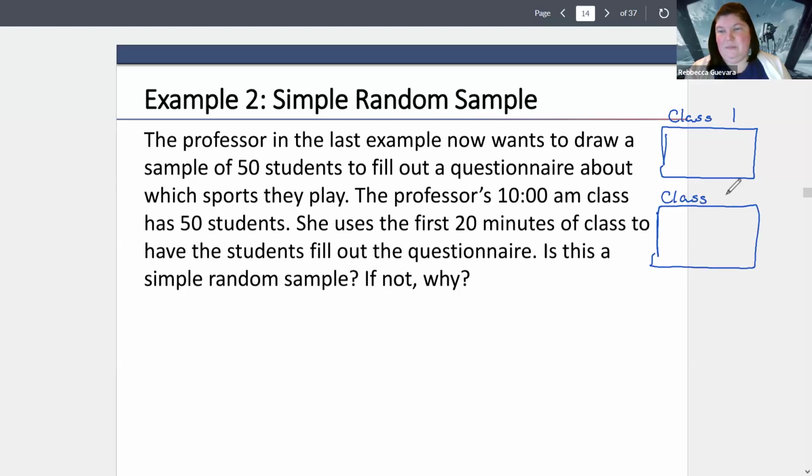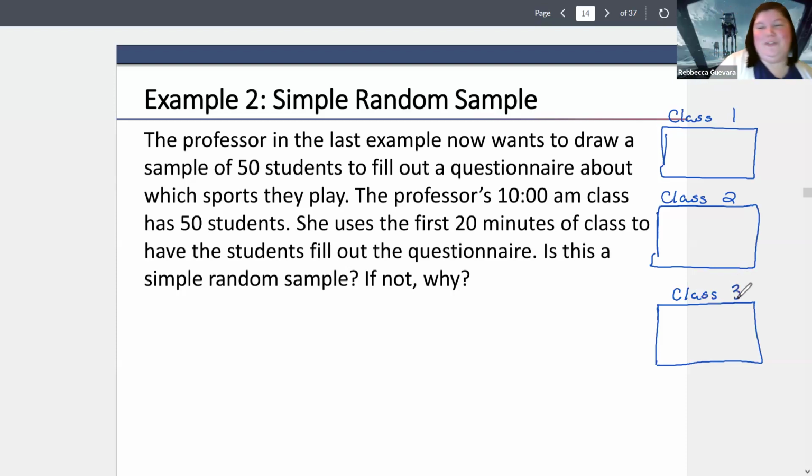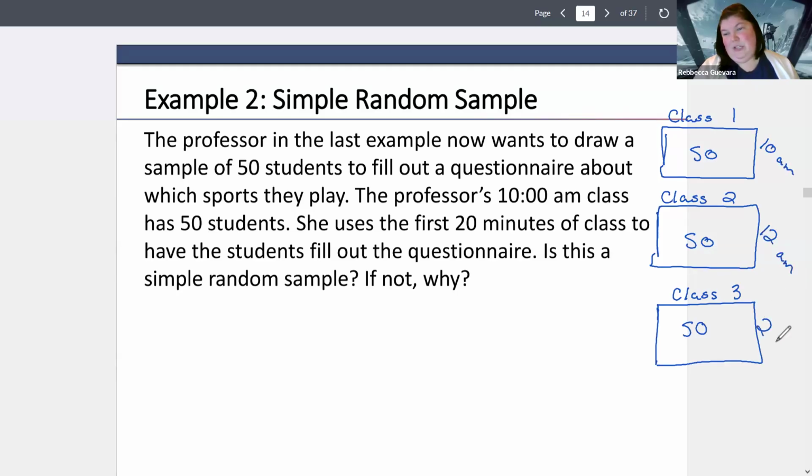So she has at least 3 classes, probably more, closer to 5, but let's say there are about 50 students in each class. What she did is pick just one of those classes. So let's say this is what her schedule looked like. She just picked this one of 50. There wasn't an equal chance.